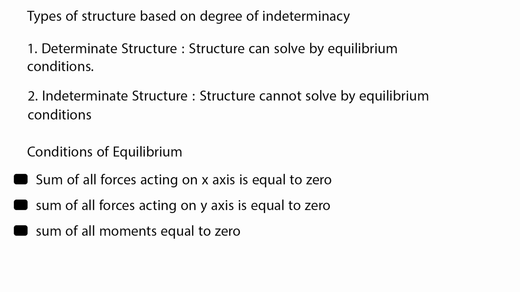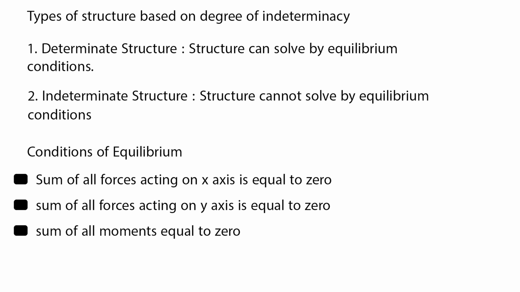As you know, the state of equilibrium: any plane frame structure which is in a state of equilibrium under the action of any externally applied force system must satisfy three conditions. What are these three conditions? The sum of the horizontal components of all applied forces must equal 0.